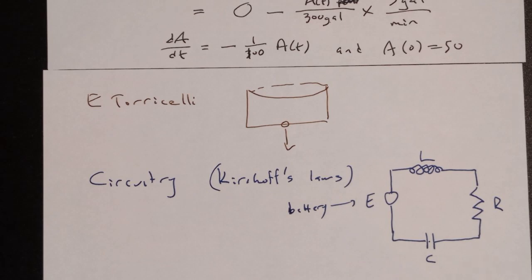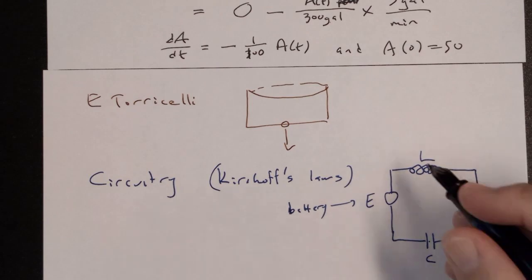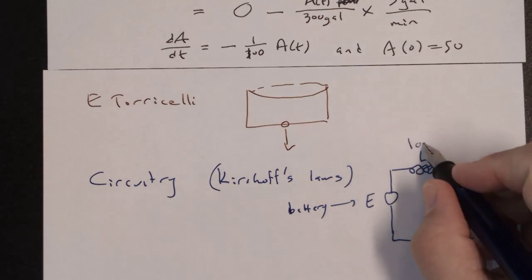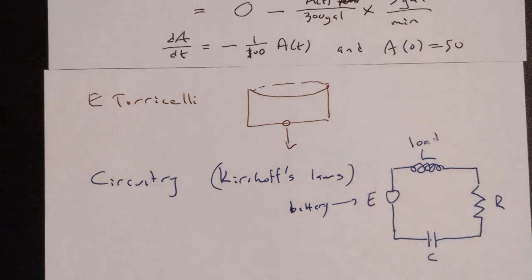By the way, that twisty symbol is the filament of an incandescent light bulb. So that's the load. R is a resistor. It slows down the electricity so that we don't blow out the light bulb right away.